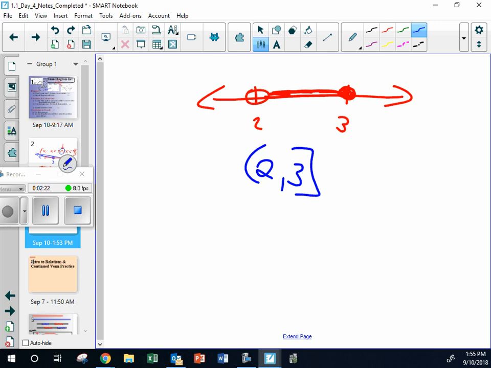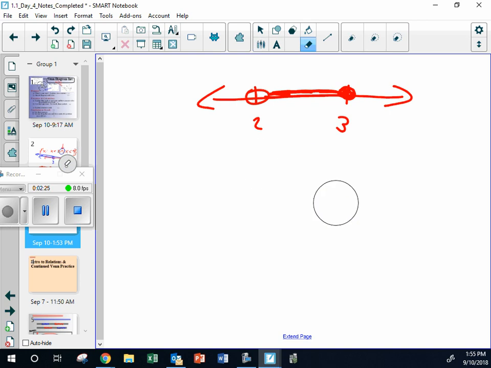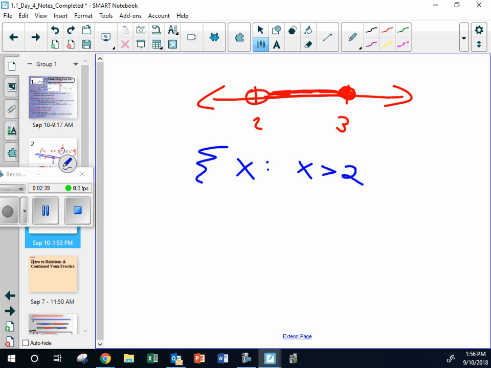Okay, then we got to move on to the other kind. What about set builder? It's not as easy, but it's not that hard either. I recommend you say x colon, that means x where, and then what things could we say? Would you agree that x is bigger than 2? Okay. Would you agree that x is less than or equal to 3? All right.